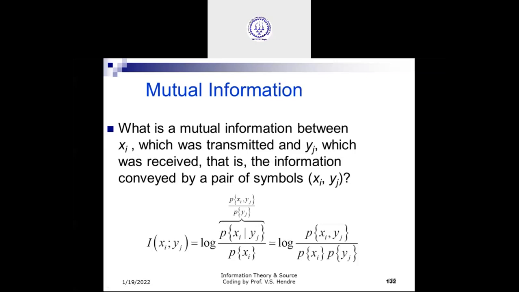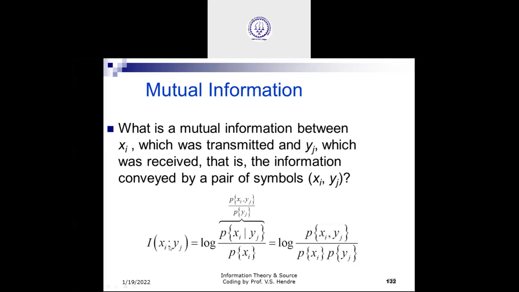In the simplest form, I can represent this by capital I. Capital I we earlier used for the amount of information, I k, for the kth symbol, and here for the mutual information it is I of xi semicolon yj.